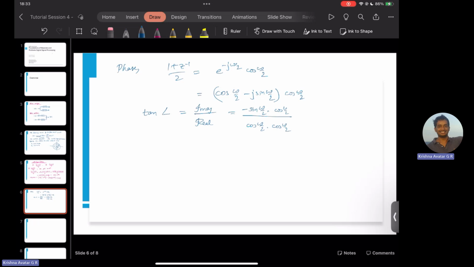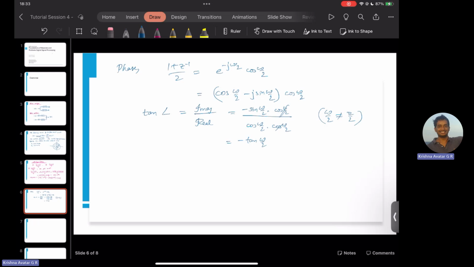And you see cosine omega by 2 cancels out. However, there is a requirement that omega by 2 must not be equal to pi by 2, for only then can you cancel it. Otherwise, it becomes a 0 by 0 form. So this is the requirement here. Having cancelled it out, we have minus tan omega by 2.